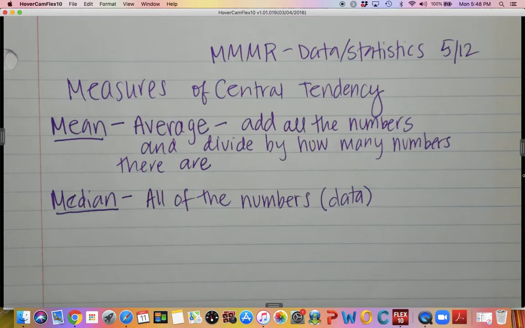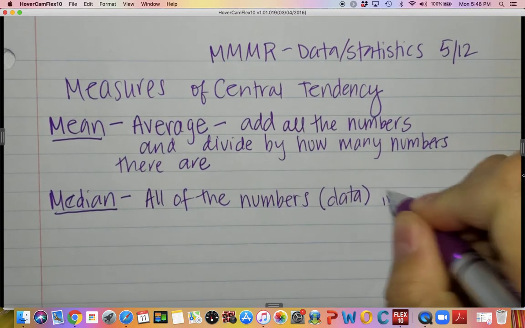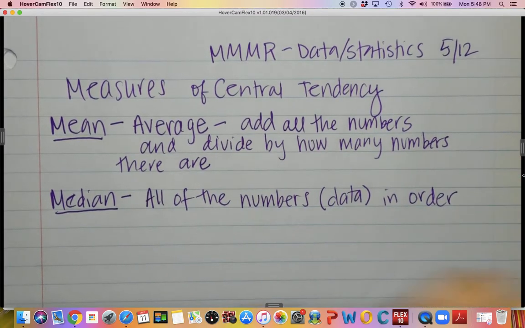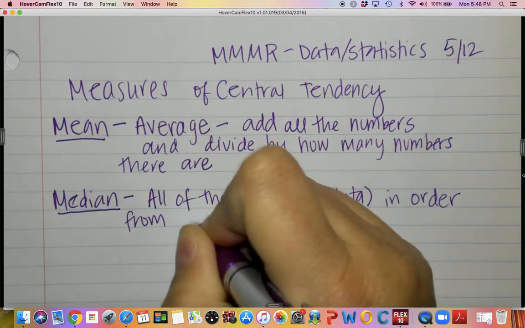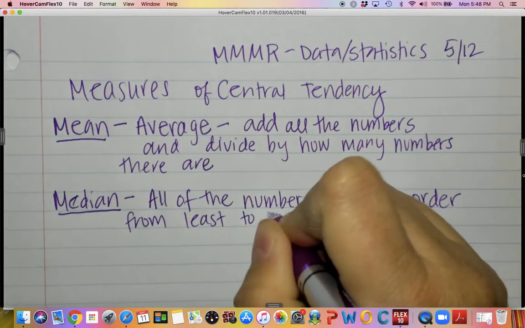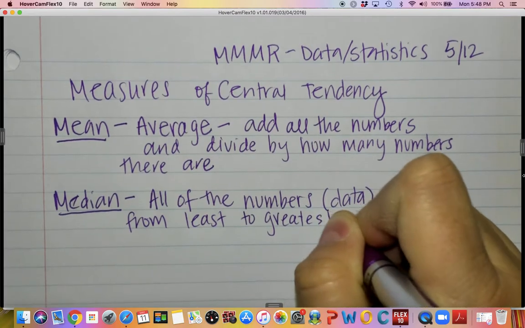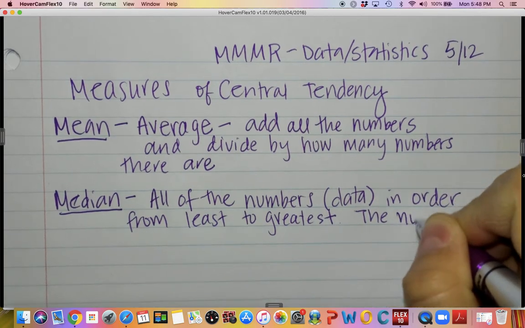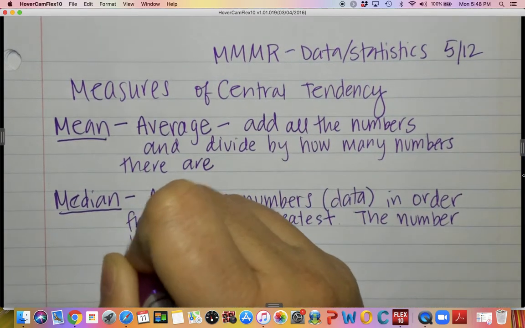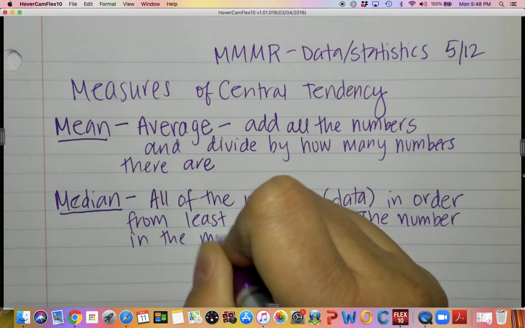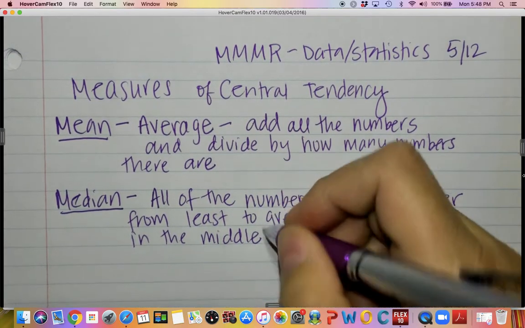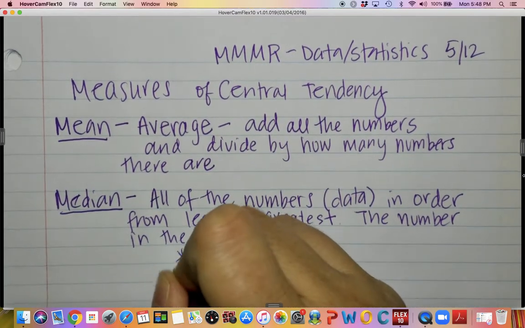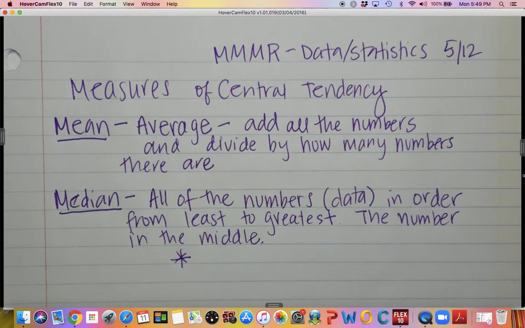As you go into algebra and pre-algebra, you're looking more at numbers. So all of the numbers in order from least to greatest, it is the number in the middle, the number that is in the exact middle.